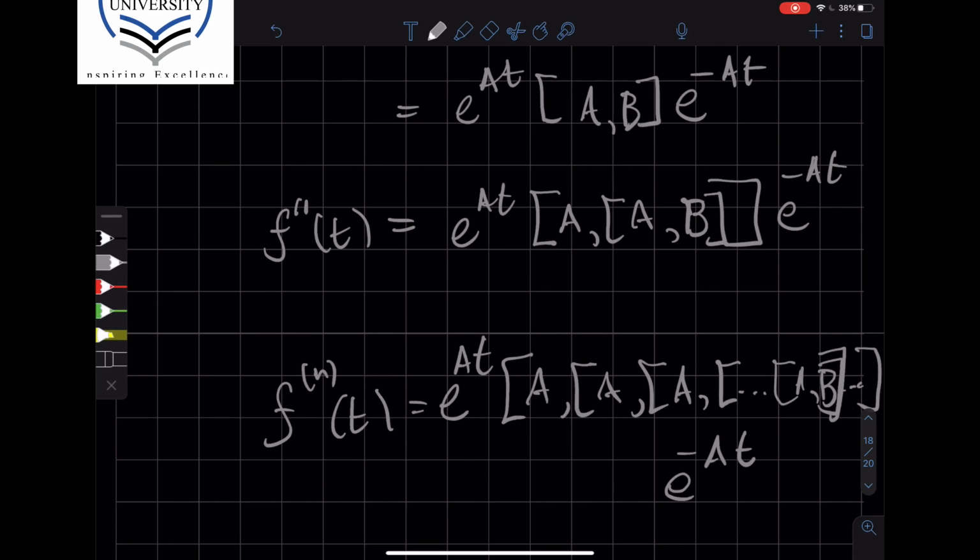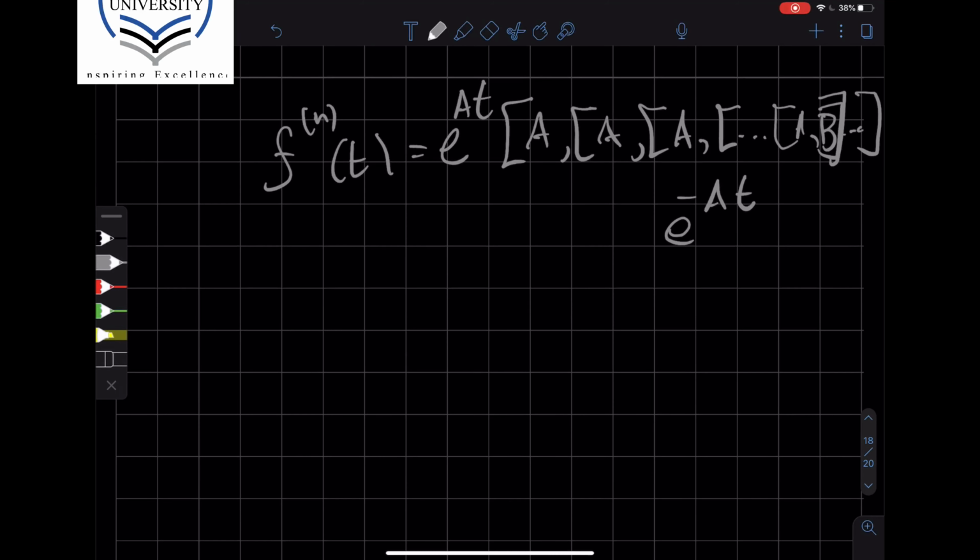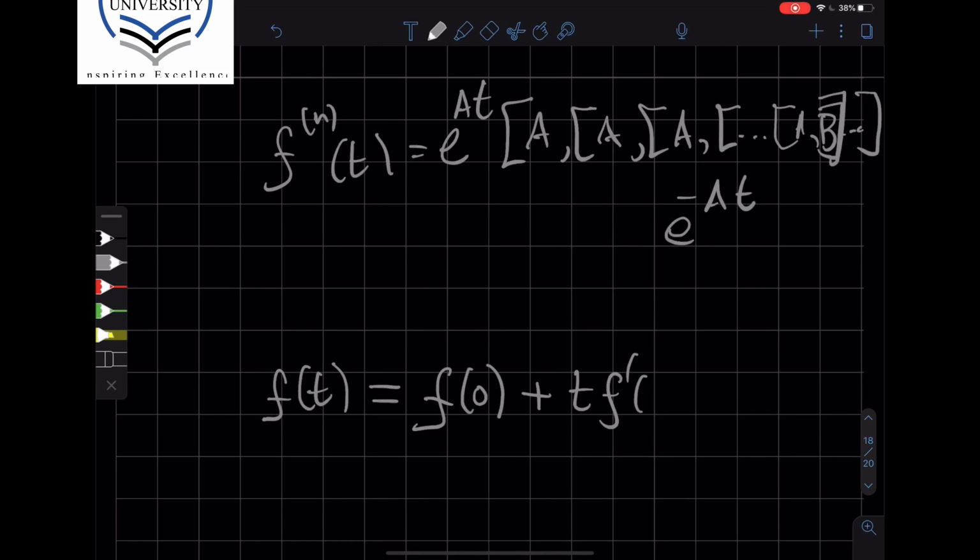Now what is the function f of t? Of course, this is a completely well-defined function, although it's a matrix function, so we can apply a Taylor series to it. The Taylor series expansion around the point 0 is f of 0 plus t f prime of 0 plus t squared over factorial 2 times f double prime of 0, and so on.